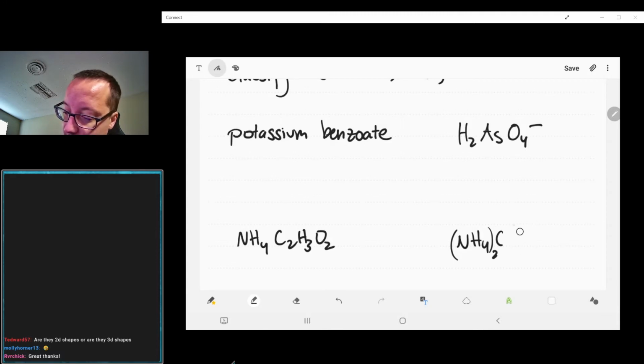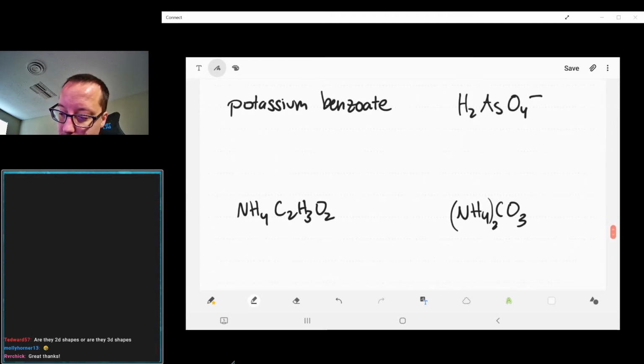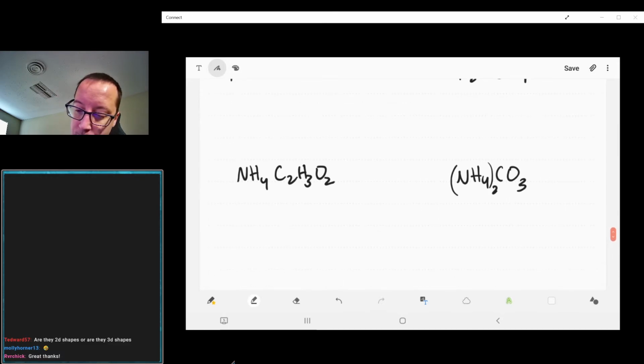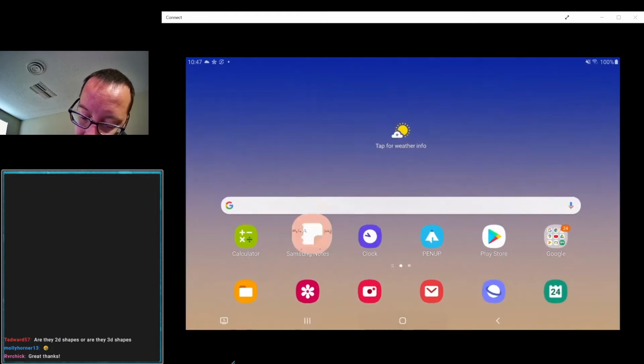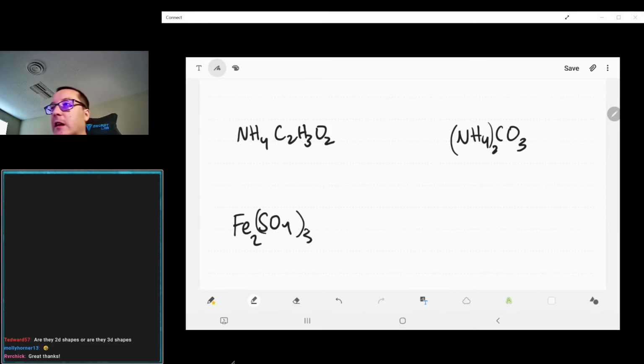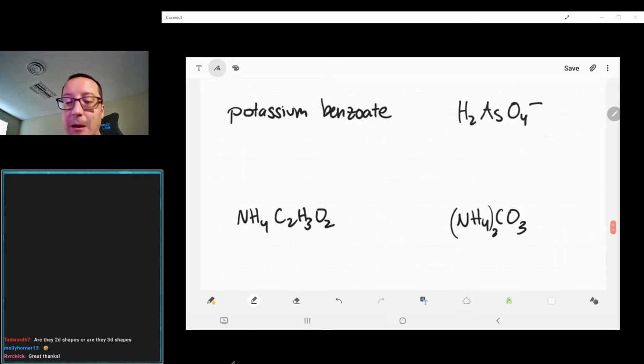And let's see what we can do with these ones. Actually, let's look at another one. Let's look at lithium nitrate. Okay, so let's look at all of these and see what the heck's happening with them.